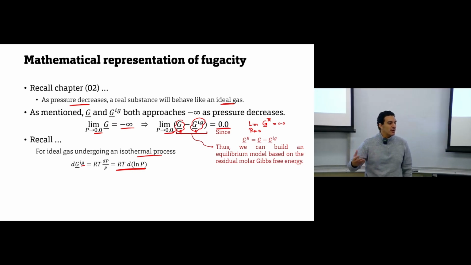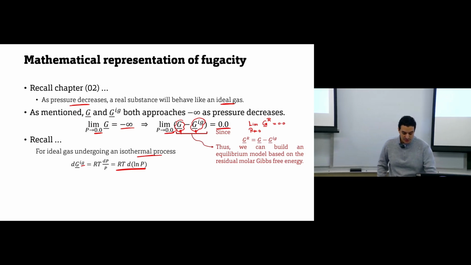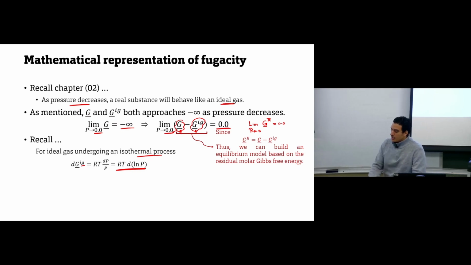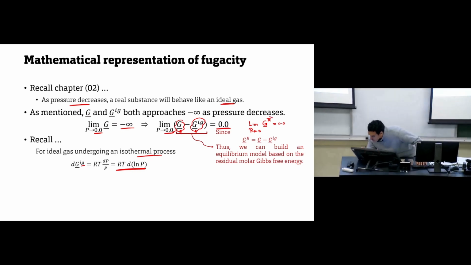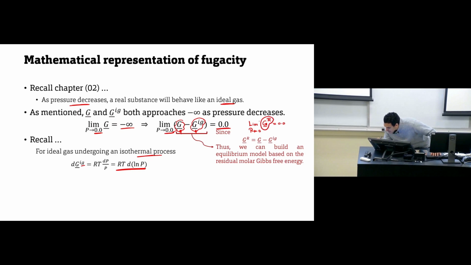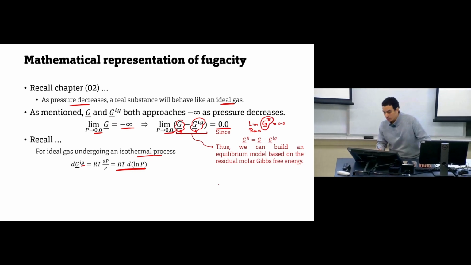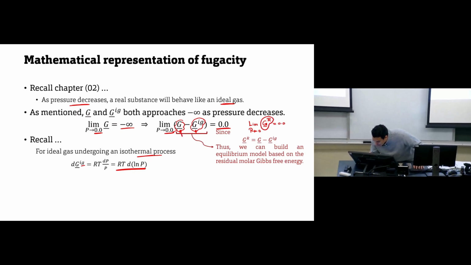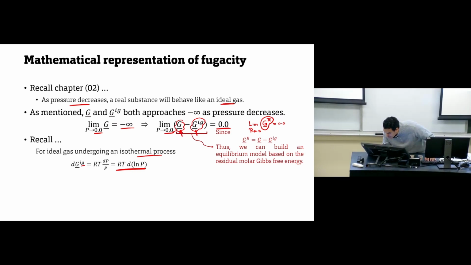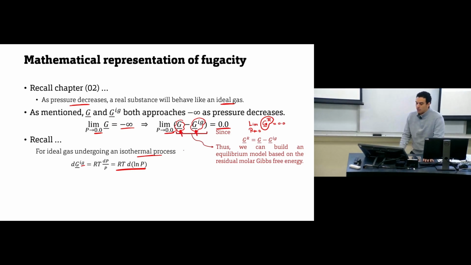We prefer to have this assumption because ideal gas equations are simpler than real substance equations. Here the concept is residual molar Gibbs free energy, which is molar Gibbs free energy for a real substance minus molar Gibbs free energy for an ideal gas.